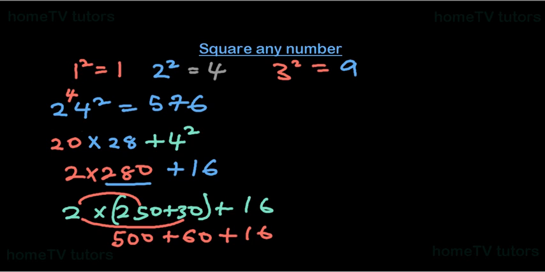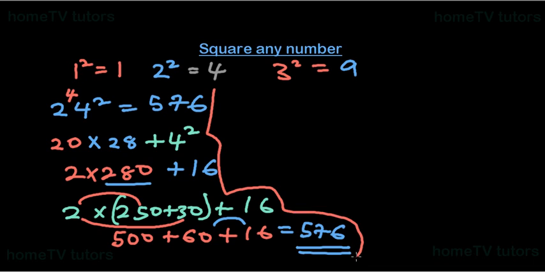Okay, so 500 plus 60 is 560. 560 plus 16 is equal to 576. Alright, so that is how we got 24 square as 576.